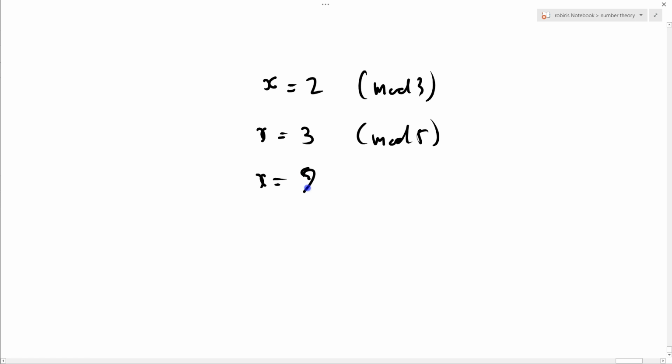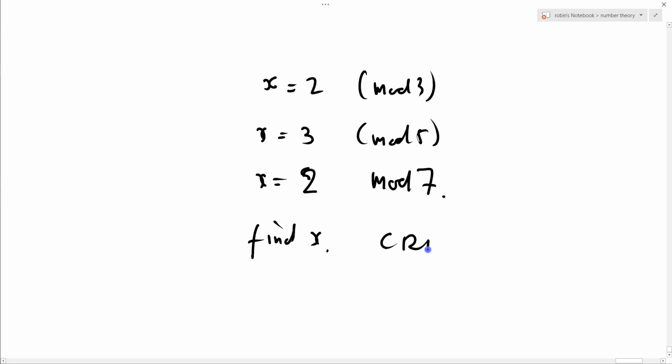Okay, Chinese remainder theorem example. So I'm going to give an example, a very famous example. X equals 2 modulo 3, x equals 3 modulo 5, and x equals 2 modulo 7. So find x.